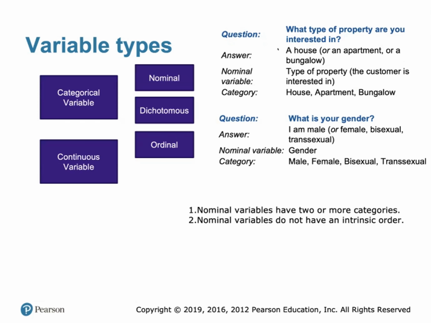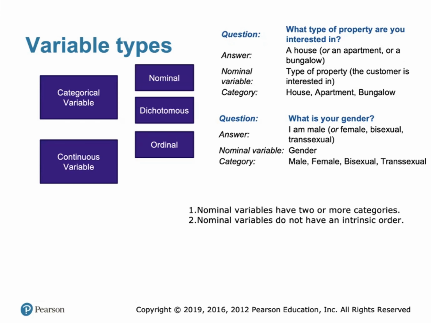The answer is a house or an apartment or a bungalow, right? So your nominal variable is type of property, and your categories will be house, apartment, bungalow. This is just a name. There's no order, right? So this is an example of nominal variables.